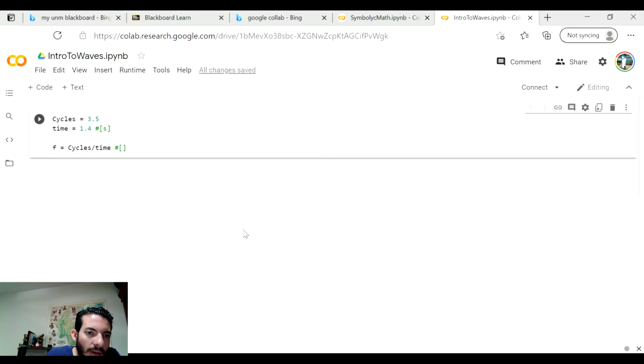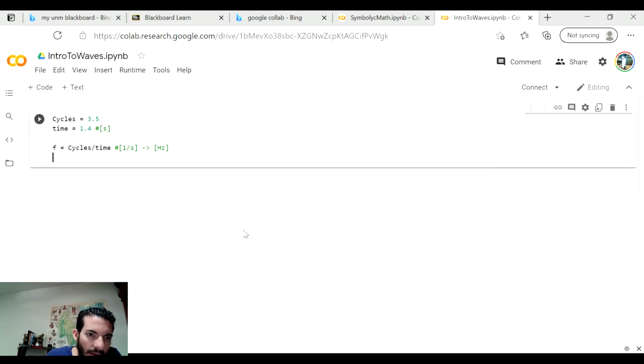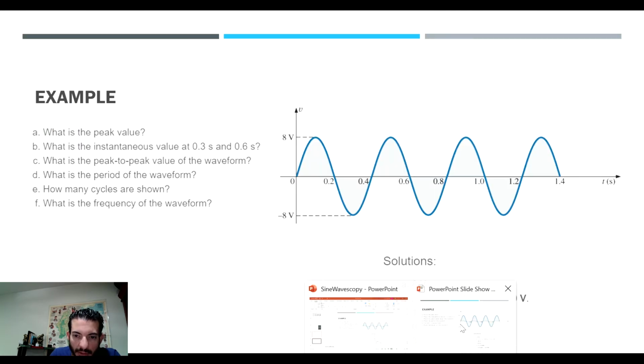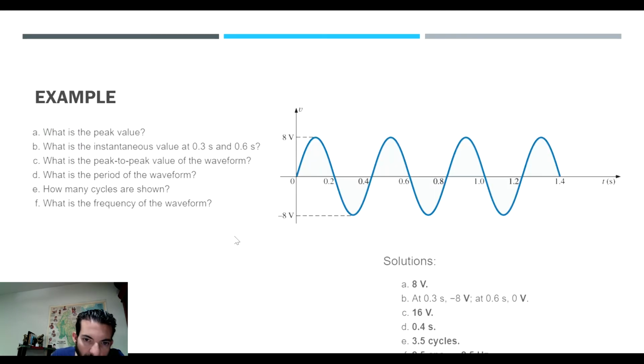Units are 1/seconds, which is the same as hertz. Print my value of frequency, and we should be able to run this. F has a value of 2.5. Excellent. So 2.5 is the answer to what is the frequency of the waveform.